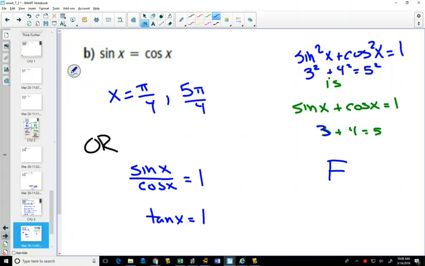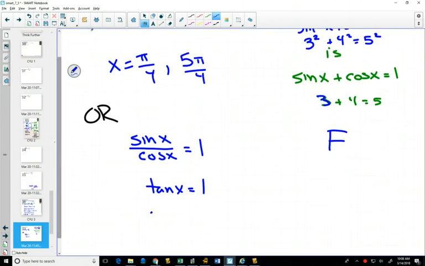And then ask yourselves, on our unit circle, when is tan equal to 1? Pi over 4 and 5 pi over 4. So method 2 was a way that we could change our value to be a single trig function. So in these algebraic questions, changing things to a single trig function can be a way to help us solve them.